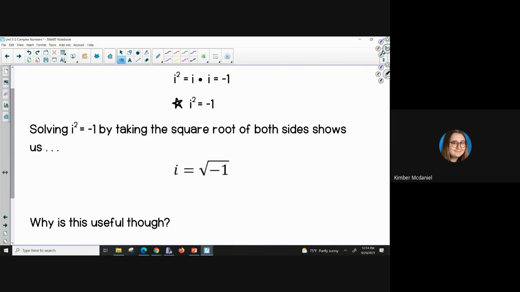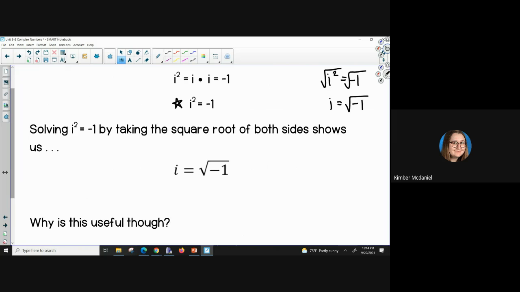If I have i squared equals -1 and I say solve that equation, you solve it by taking the square root. Similar to what we said last week, where the square root of x squared was x, the square root of i squared is i, and that equals the square root of -1.